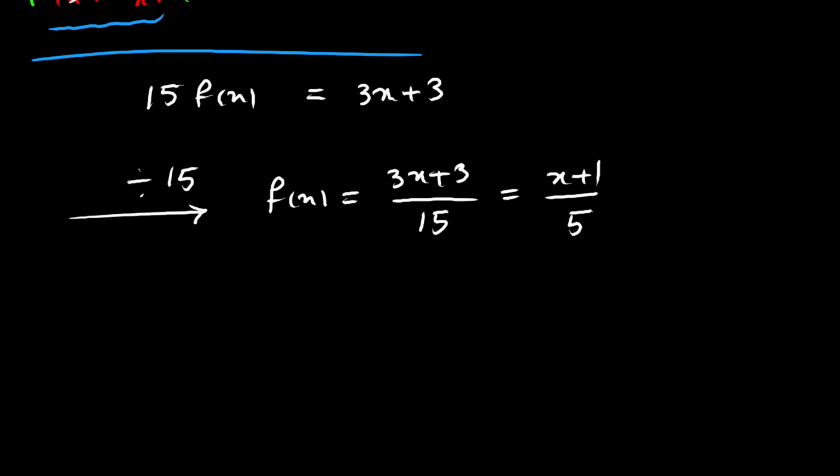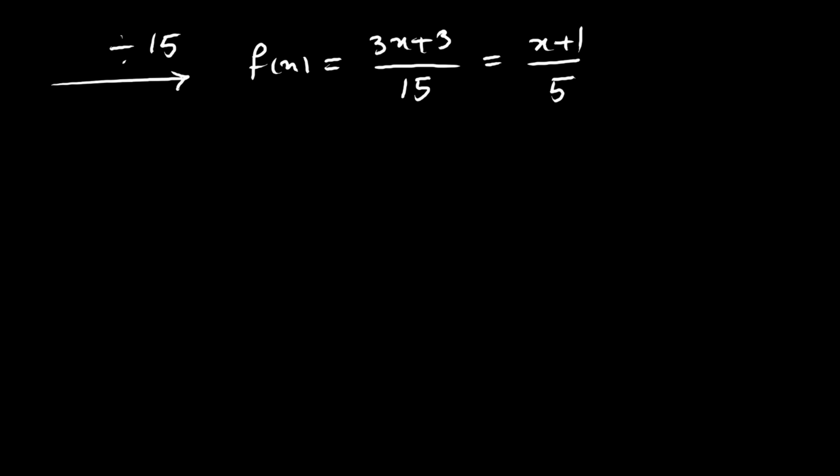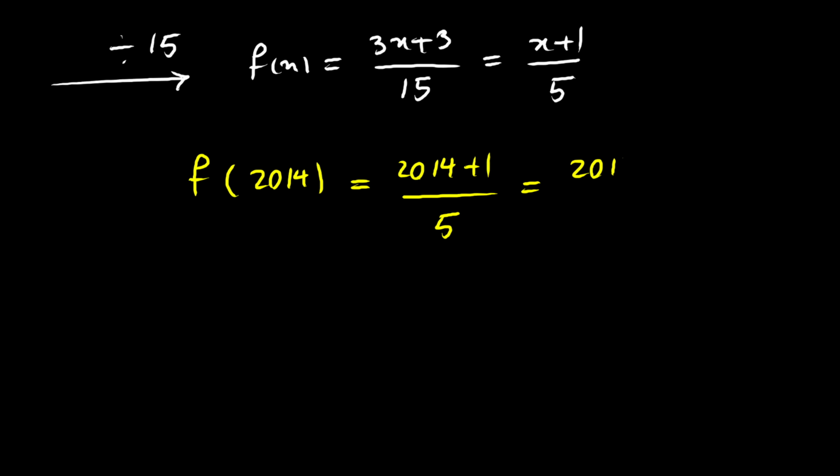So we found f of x, and now we can replace x with 2014. So we get f of 2014 equals (2014 plus 1) divided by 5, which equals 2015 over 5, which equals 2000 over 5 plus 15 over 5, which are some simple calculations.